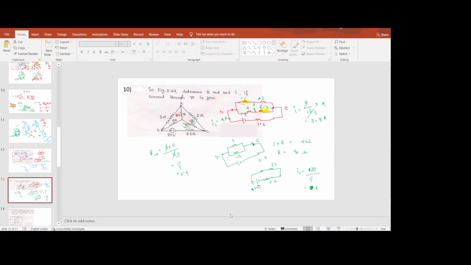So I will be equal to 3 by 15 times 4, it is 4 by 5, that is 0.8 ampere. So the total current flowing through this R ohm resistance is 0.8 ampere, and here R is equal to 8. I hope everyone is clear with it. Is everyone clear?